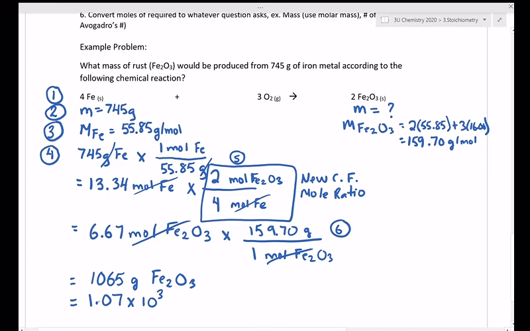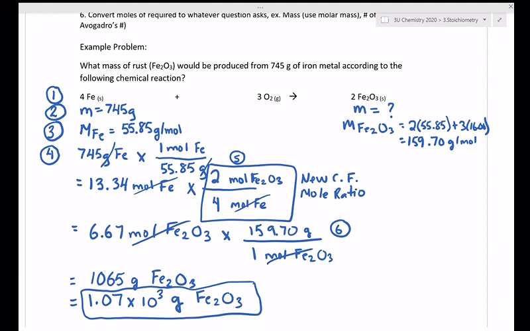So 1.07 times 10 to the 3 grams of iron oxide is our final answer. And of course, because it is times 10 to the 3 grams, 1,000 grams is actually a kilogram. So your answer could also be 1.07 kilograms. That would be perfectly acceptable as well.